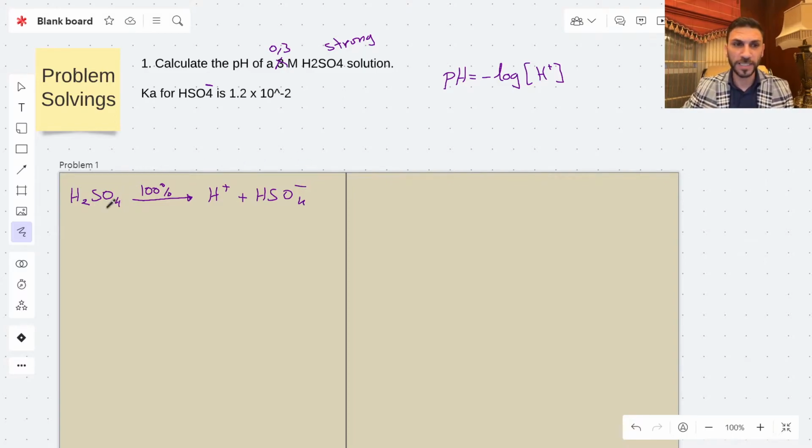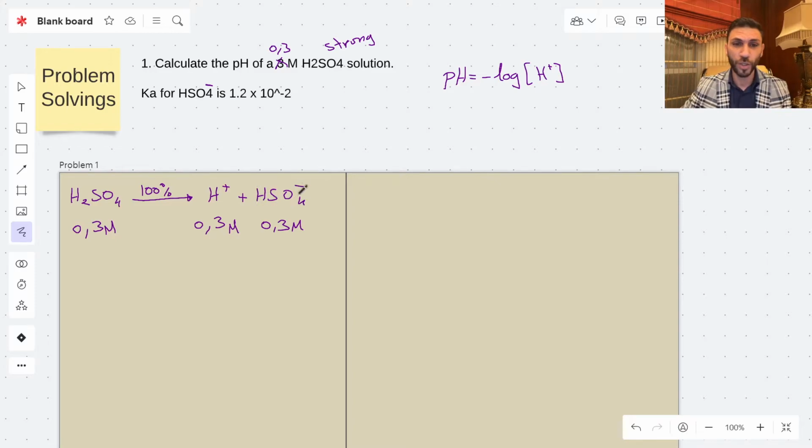Because it's a strong acid, the initial concentration of H2SO4 equals the concentration of the hydrogen ion, and also of HSO4-. So this is the first step, which is a strong step, because we know that H2SO4 is a strong acid.